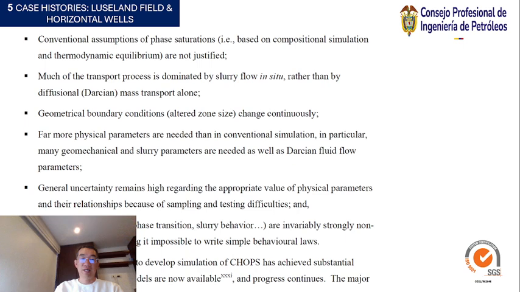Nevertheless, a decade of effort in developing simulation of CHOPS has achieved substantial progress. Adequate simulation models are now available, and progress continues.